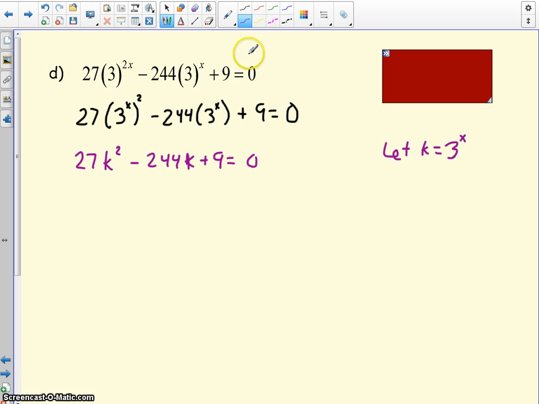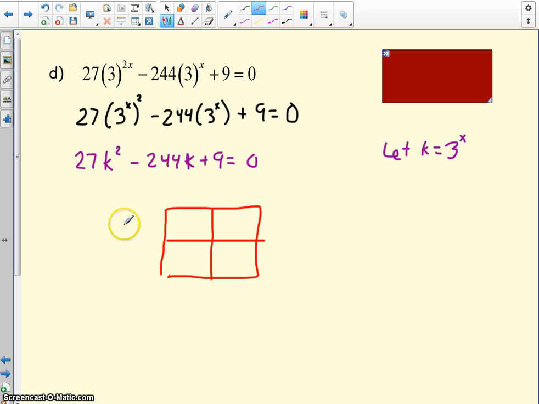Okay, so to solve this one, I can actually factor it. If you check the discriminant, it is a perfect square, so it does factor. If you're having trouble doing the factoring, feel free to use the quadratic formula to try and get your answers. After looking for a common factor here, of which there isn't any, I'm going to put 27k squared here and 9 down here, and I'm going to try and factor.